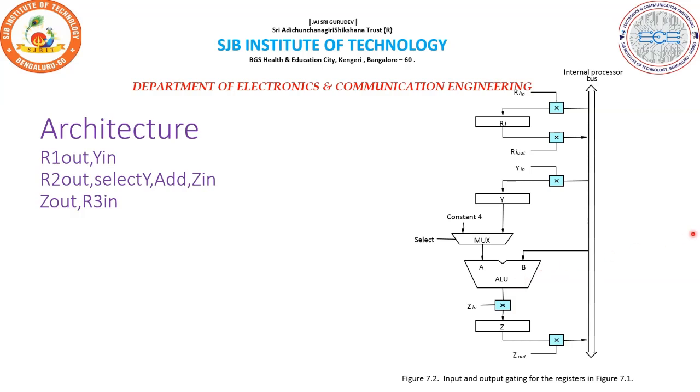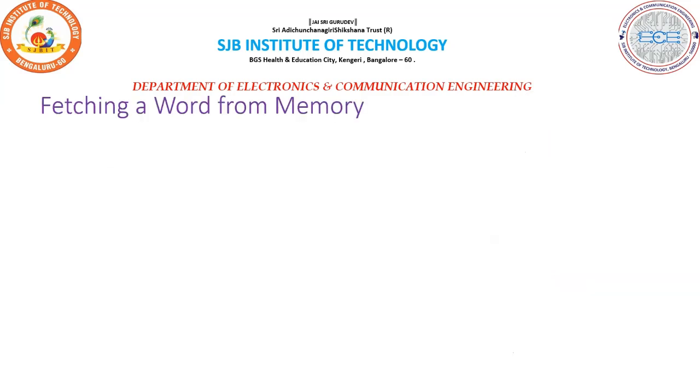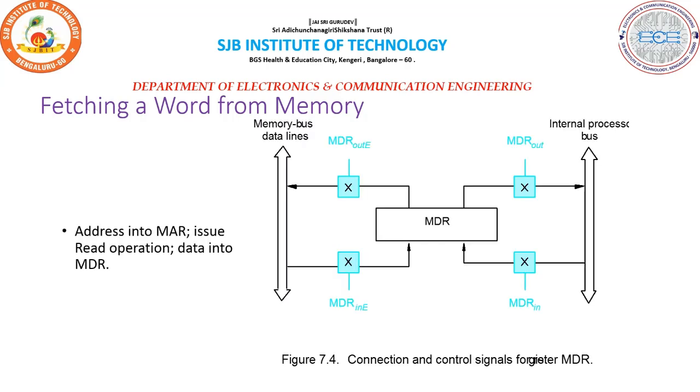Next we discuss fetching a word from the memory. How is it going to fetch the word from the memory? To fetch a word from the memory, the processor has to specify the address of the memory location where this information is stored and request a read operation.